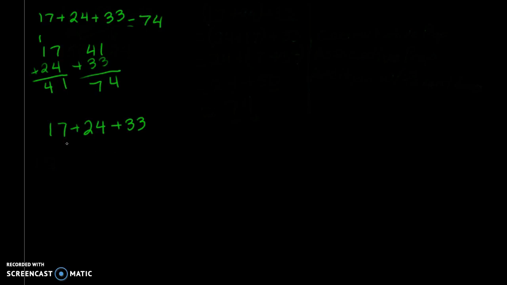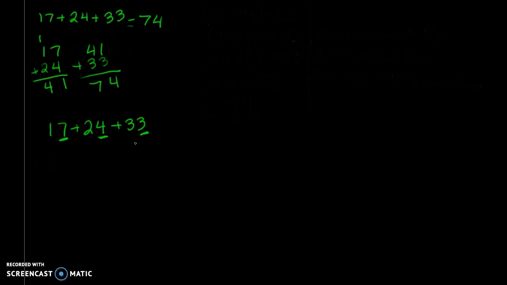To find out if you can make a multiple of 10 with any two numbers, we're going to look at the digit in the ones place for each number and see which two of those will give you 10. If we do 7 plus 4, it's going to give us 11, so we cannot add 17 and 24.